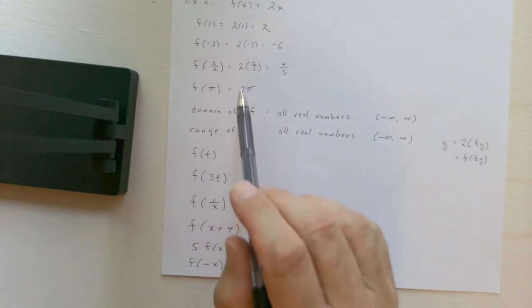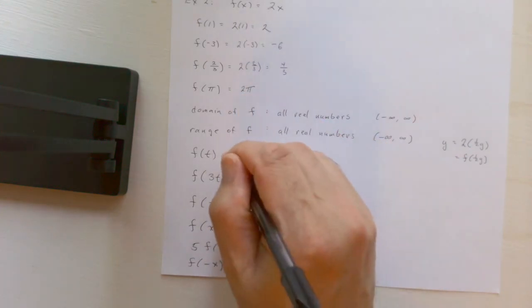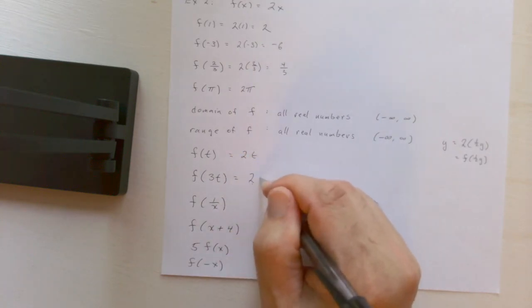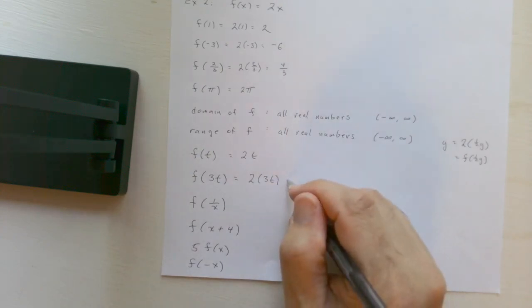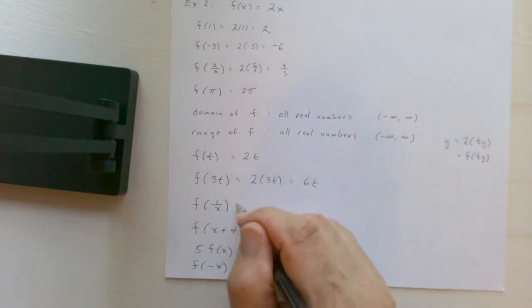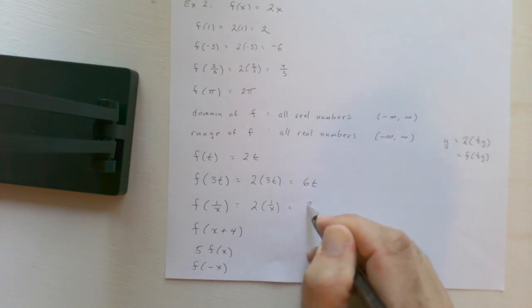So f of t, if we replace x with t, we would get 2t. F of 3t would be 2 times 3t. And then, of course, we can simplify this as 6t. F of 1 over x would be 2 times 1 over x, or 2 over x.